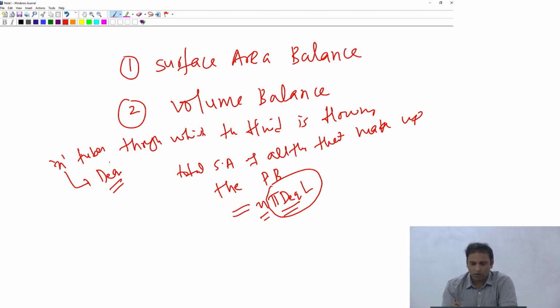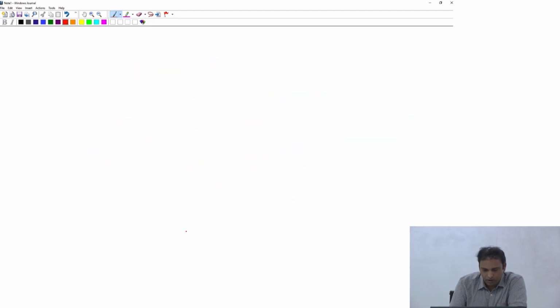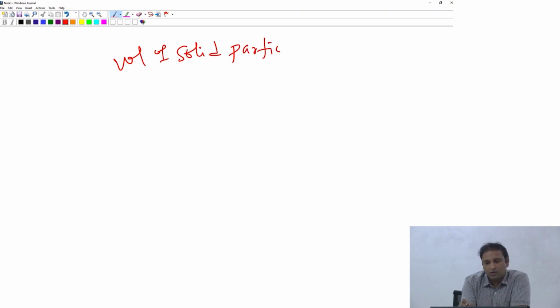Now, let's think about what we can say about the volume of the solid particles present in the packed bed. What is the volume of solid particles in the column?